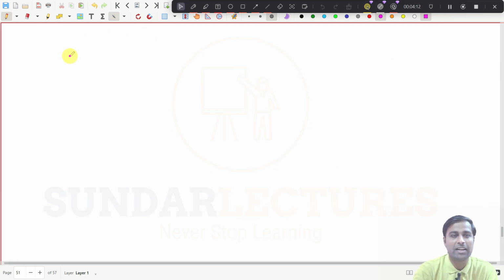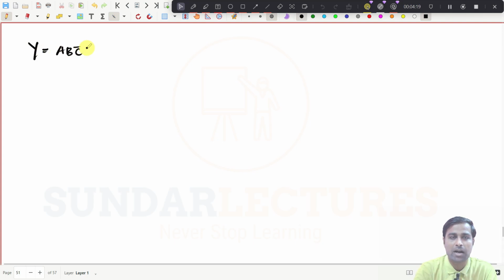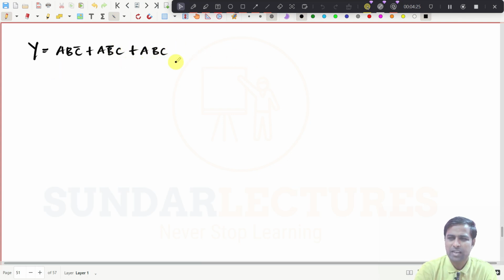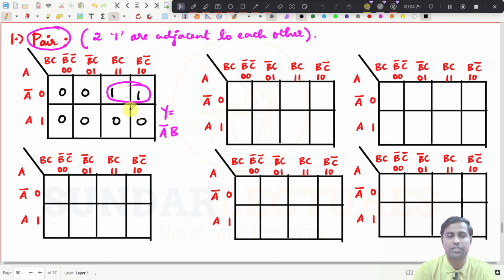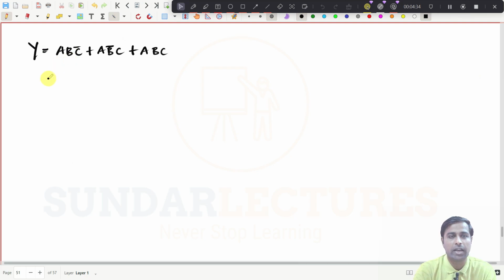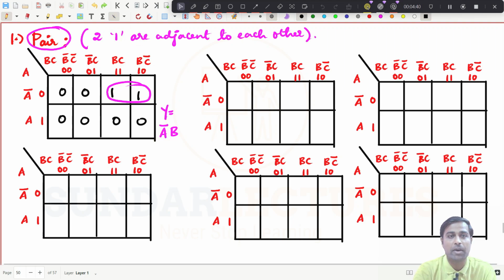See, I will write here. Maybe you would have an expression like this, right? Y is equal to A bar B C bar plus A bar B C, whatever it may be, and you have an expression like this. But the simplified version of this one, for this output, is Y is equal to A bar B, right?